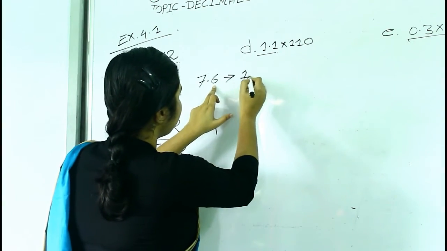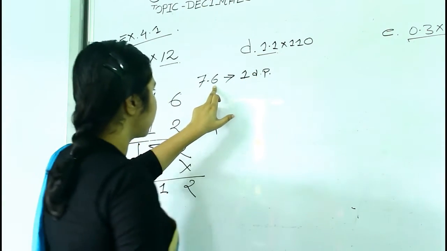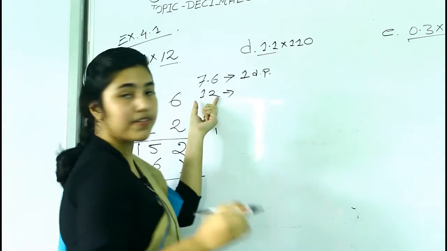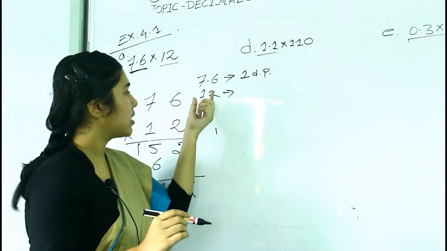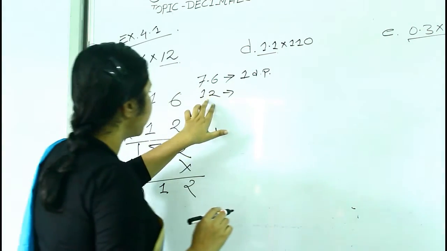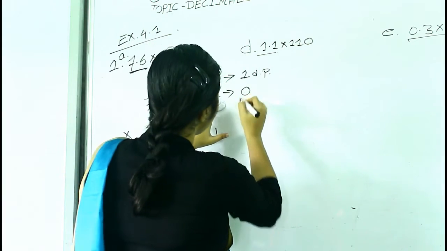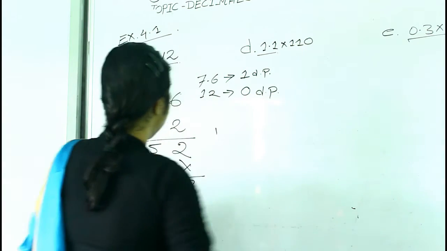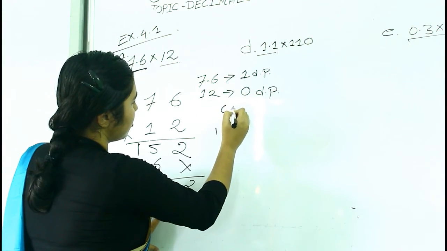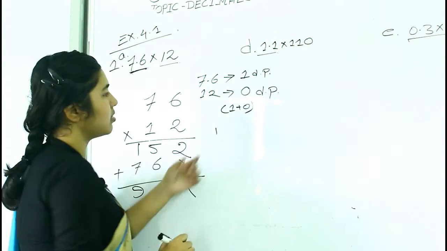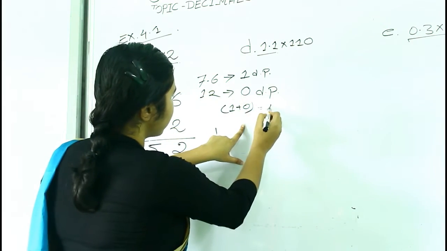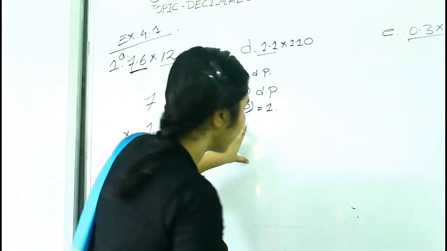And 12 is a whole number, which means the decimal part is 0, so 12 has 0 decimal places. Now add the number of decimal places. So 1 plus 0 is equal to 1.